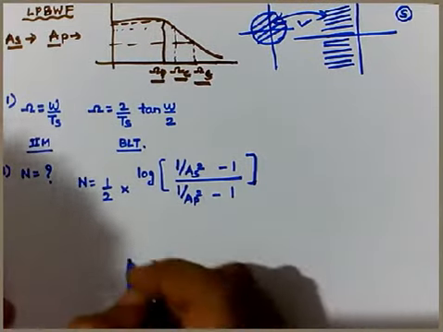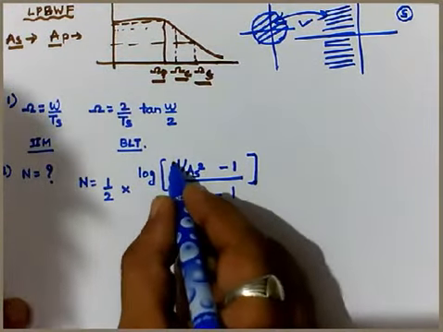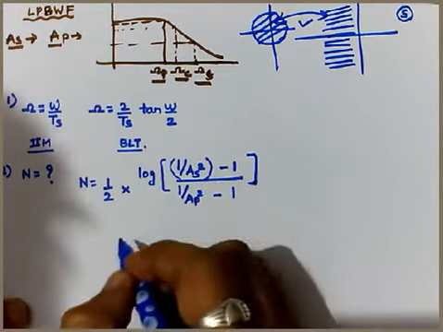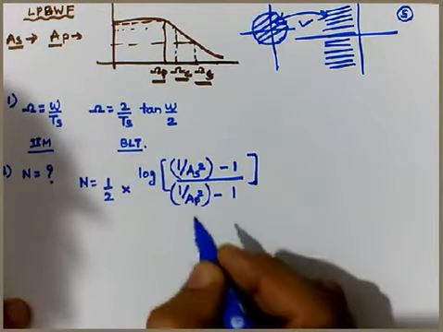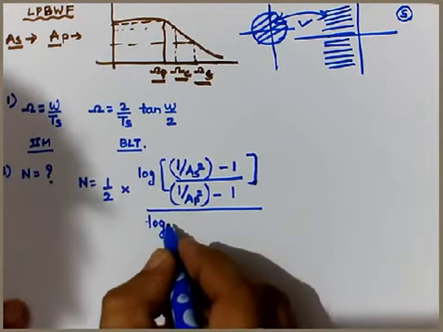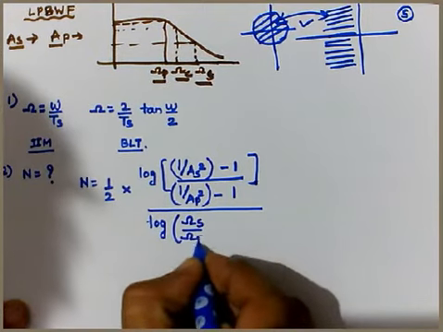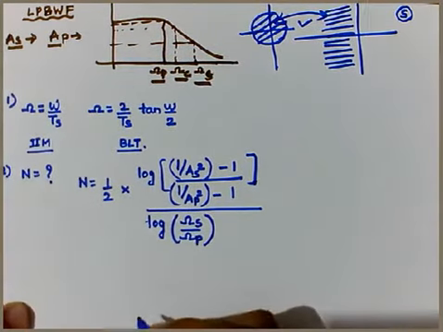Now remember here the values, like it is nothing but 1 upon AS square. After solving this term, then do the minus 1 operation. Similarly here also. Next, log, this is nothing but Omega S by Omega P. This is how it is simplified.